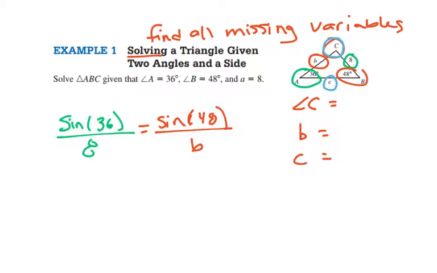So, in order to solve, we're going to cross multiply. And so we're going to get sine of 36 times b equals 8 sine of 48. And so in degree mode, we can evaluate sine of 36 and sine of 48.